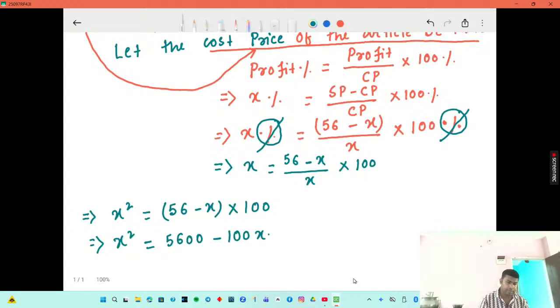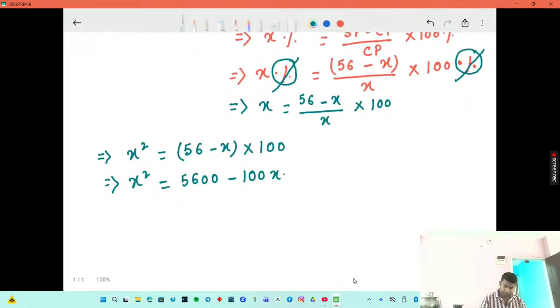Is it clear? So x square plus 100x minus 5600 is equal to 0. Now we will solve this equation.